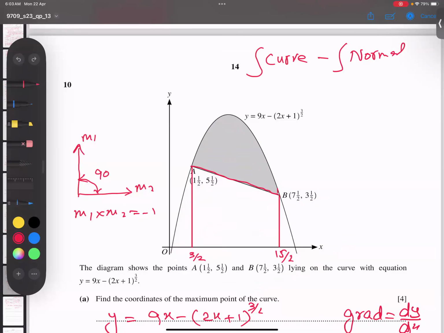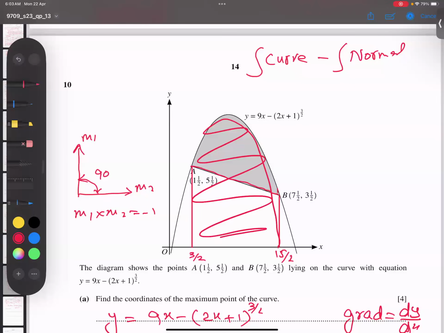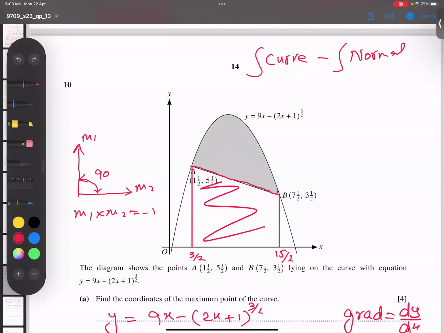So from the previous full area, subtract the white area, and you will get the shaded area. So the plan is so simple. This is giving us the shaded area. So the plan is very, very clear. Now let's see how we can get it.